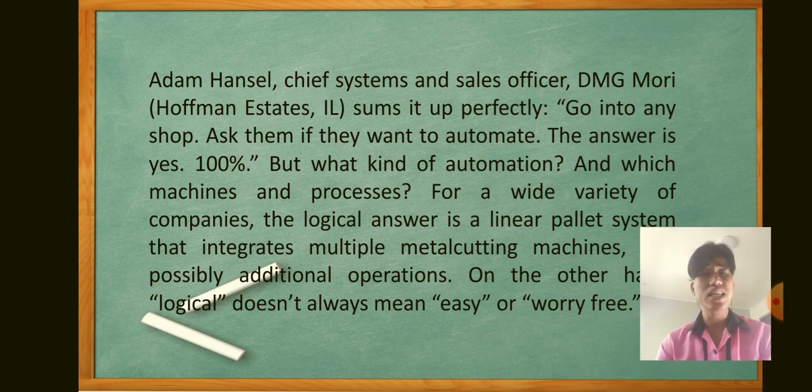And which machine and processes? For a wide variety of companies, the logical answer is a linear pallet system that integrates multiple metal cutting machines, possibly additional operations. On the other hand, logical doesn't always mean easy or worry-free.